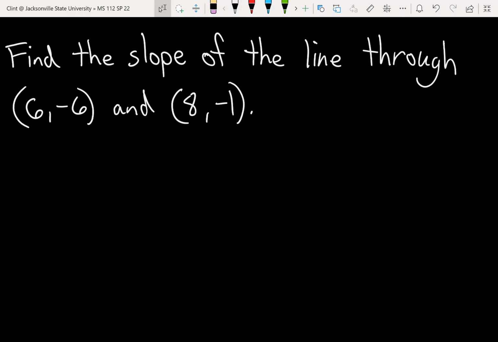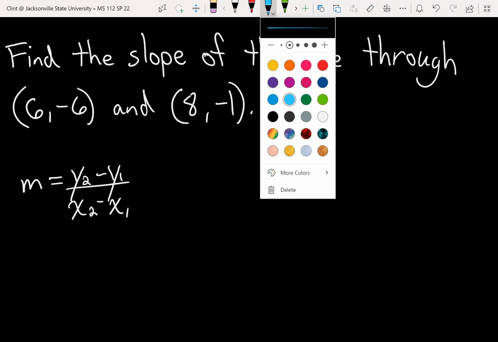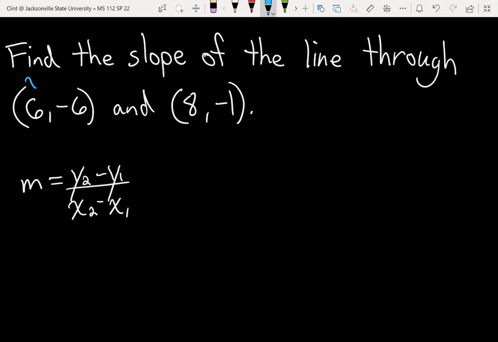Doesn't matter which point we call point 1, which one we call point 2. Here's our formula. We just got to make a commitment. Can't change our mind in the middle of the problem. So call that x1, y1. This one x2, y2.